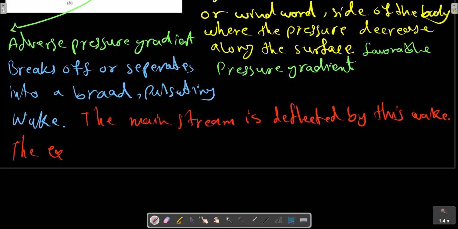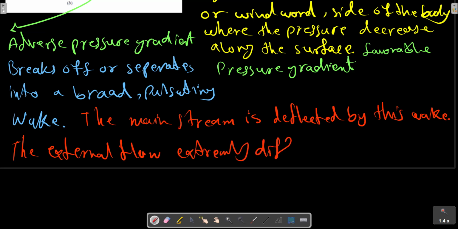So the external flow is extremely different from the implicit assumption.